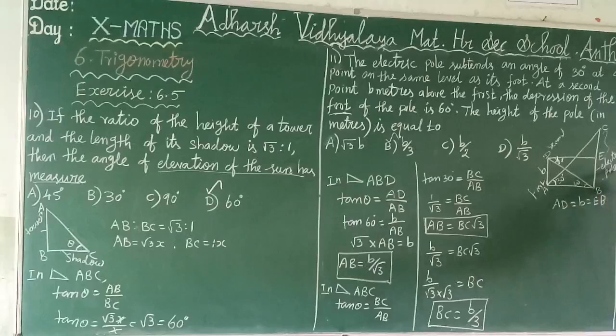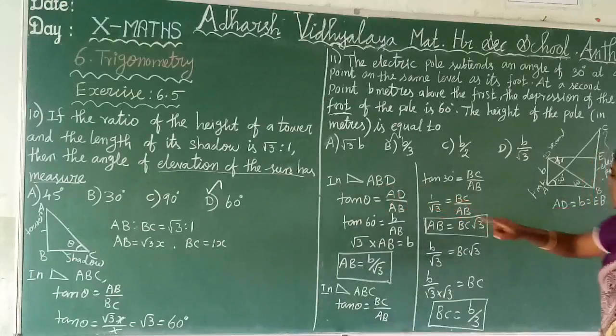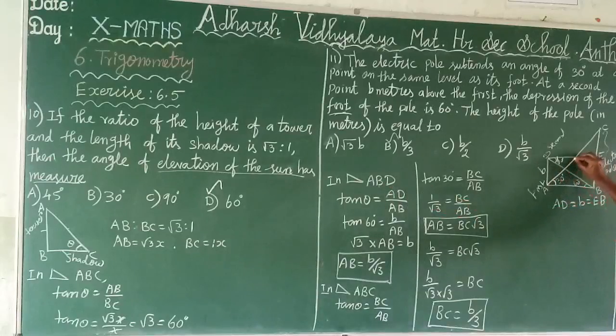See, BC is the electric pole, and here make a rectangle. So AD equal to EB, that is B meters, and DE equal to AB. These two values are equal. Now select the suitable triangle. First take triangle ABD.